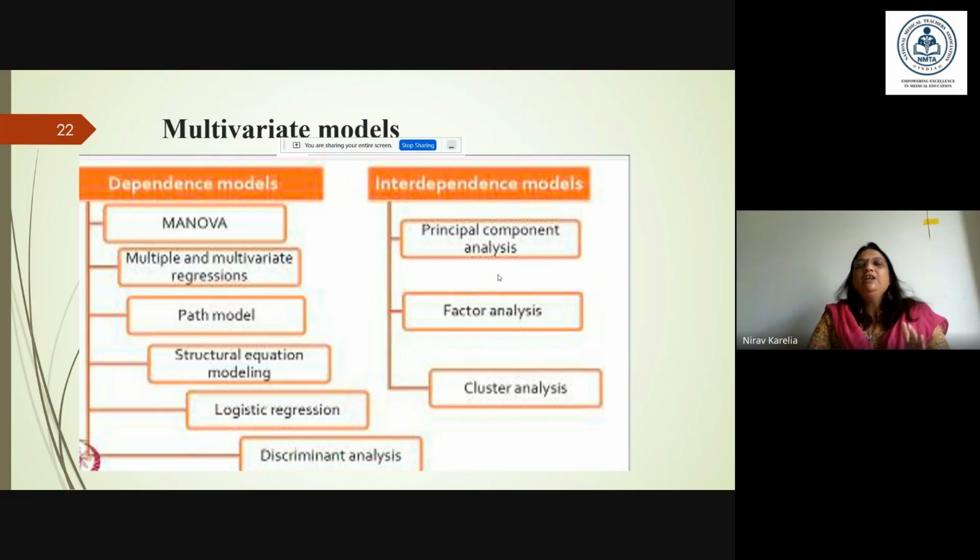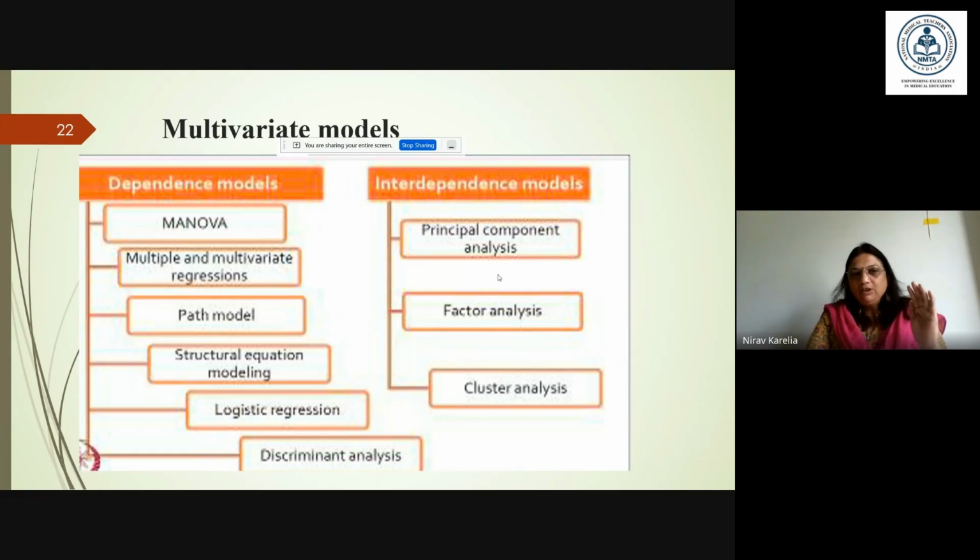I can say that multivariate analysis is like a sea, a whole ocean. I am presenting just a drop of information, because it requires a lot of lecture series, hands-on training and workshops.